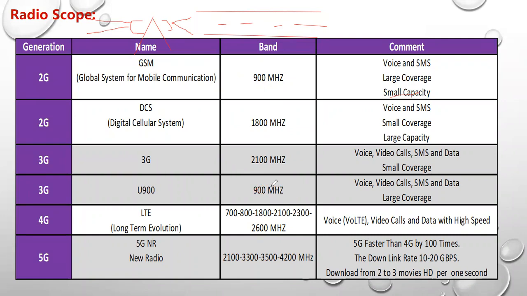And now the U900 of 900 megahertz, actually, it's in the past. There was only GSM, all right? And it was stated that, let's say that you are driving and you want to make a call.